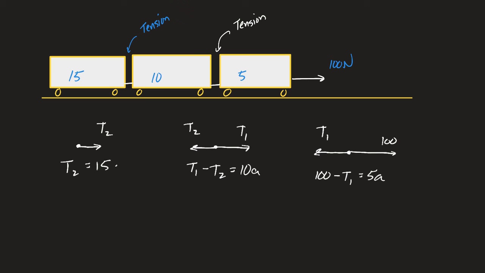T2 equals 15A. Like it or not, that's a lot of substitution, right? 3 equations and 3 unknowns. It's not fun.